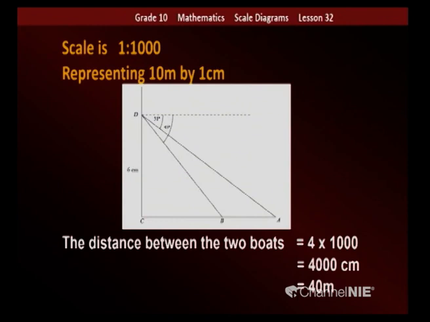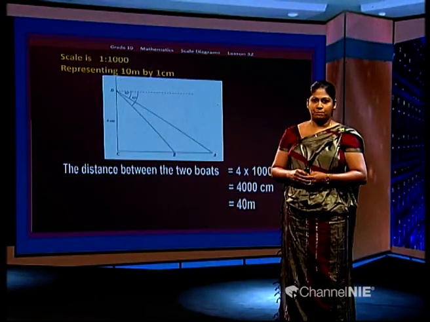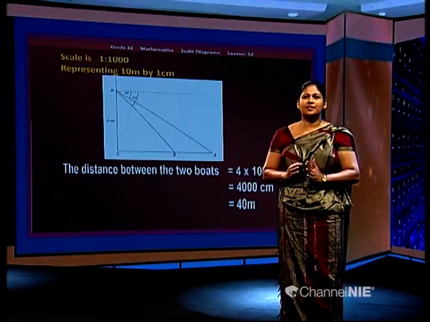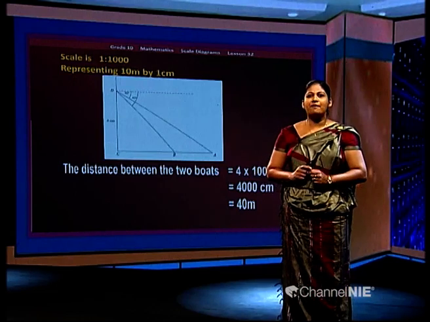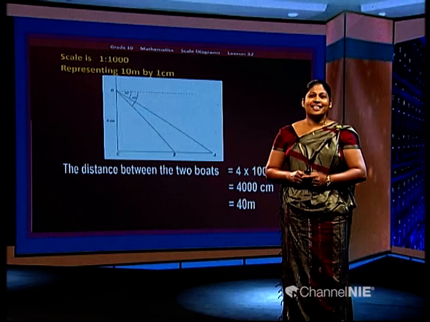Now, accordingly, the scale diagram is there. How shall we draw it? Where is the starting point? First of all, I have to draw the vertical line, that is the lighthouse.